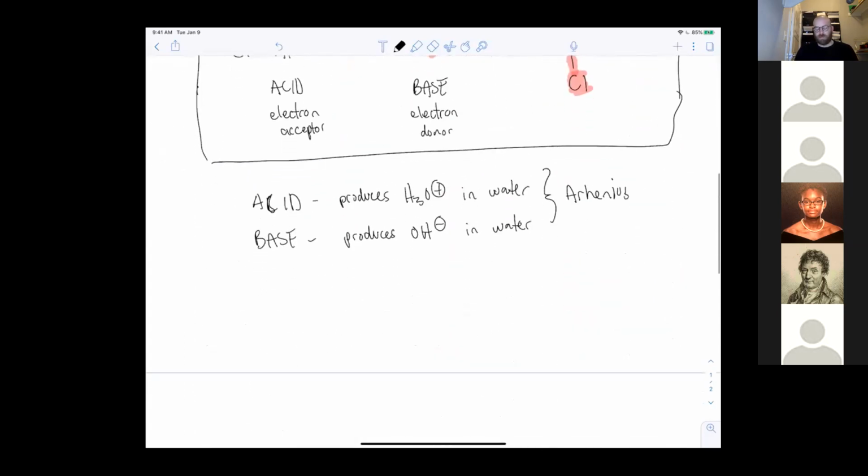So I guess there, I'm trying to think of where people use the Arrhenius definition.